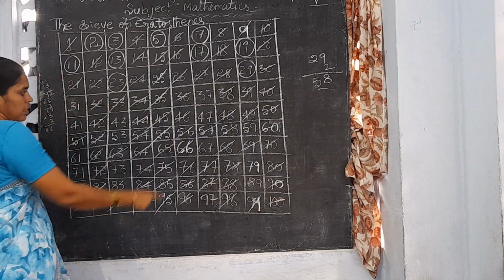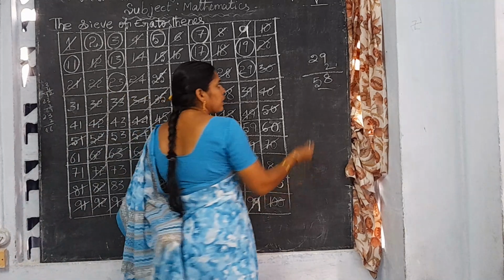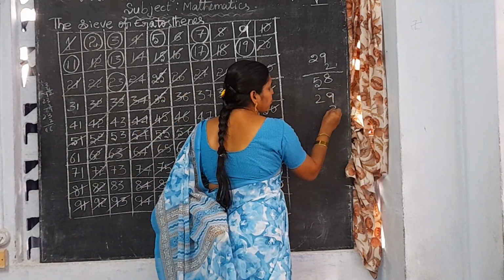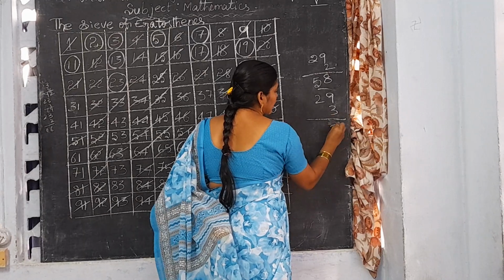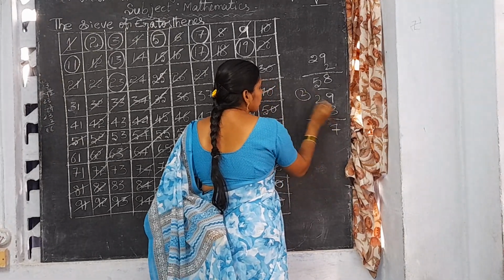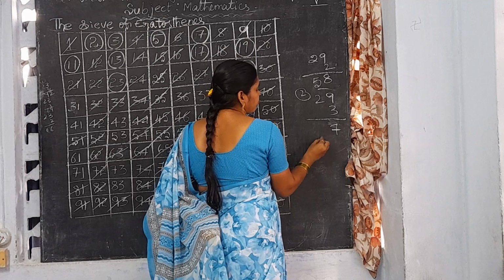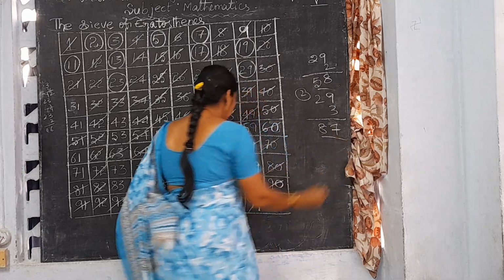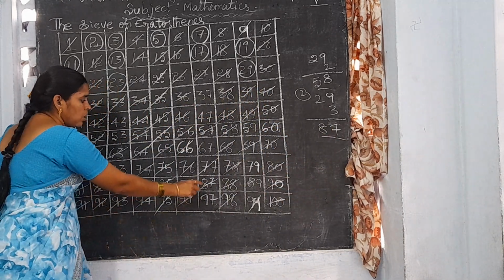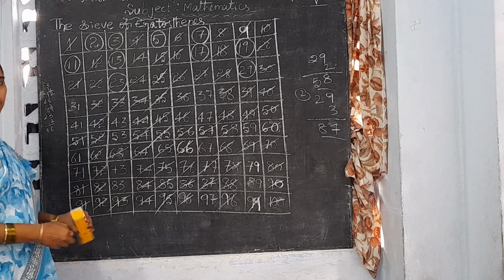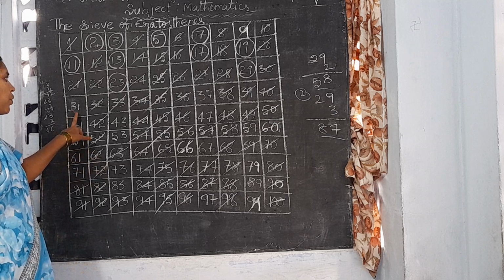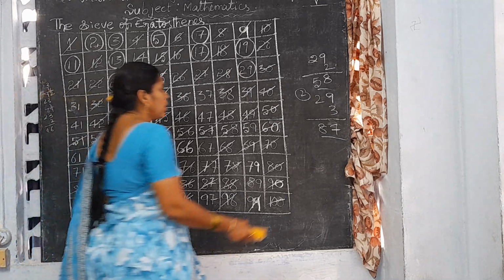Already it is struck. Now 29 threes are, 3 nines are, 3 sevens are 27, 2 carrying, 3 twos are 6 plus 2, 87. It is also struck off. Remaining up to 100 only, no? So 29 is completed. Now you go to 31.